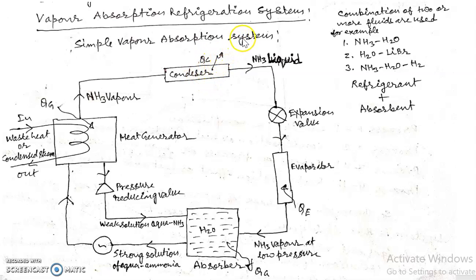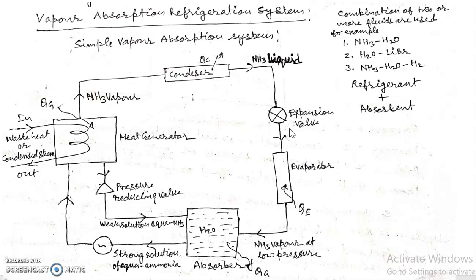QC heat is being rejected to the surrounding, and we receive ammonia as a liquid, which is at a comparatively higher pressure. For reducing its pressure, it is flown through an expansion valve, and the role of the expansion valve is similar to the vapor compression refrigeration system.